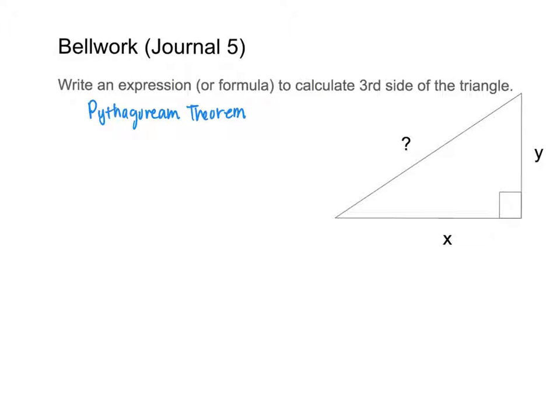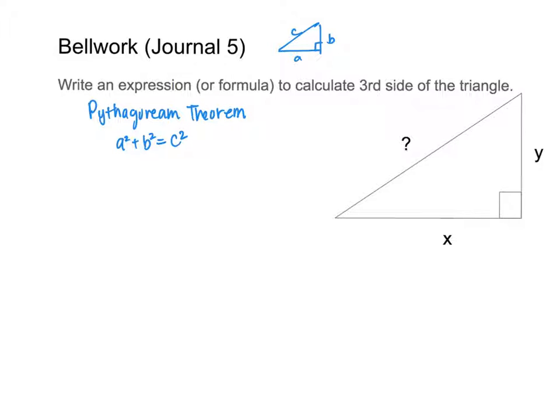Basically, the Pythagorean theorem says if you have a right triangle, it has to be a right triangle, and let's call the legs a and b, and then there's a hypotenuse, the long side, the side diagonal from the right angle, then you can find all the sides by using this formula, a squared plus b squared. So basically taking the legs of the right triangle, squaring them, adding them, and that will give you c squared. So that's the Pythagorean theorem.